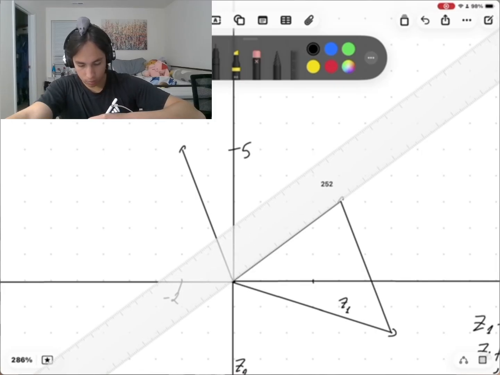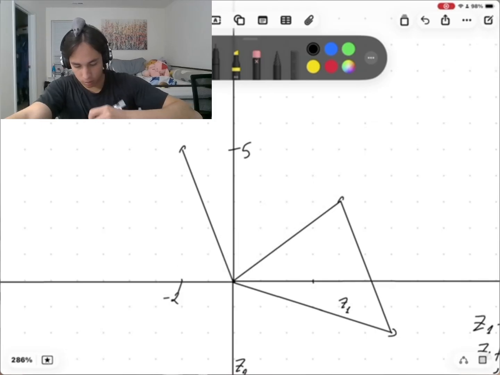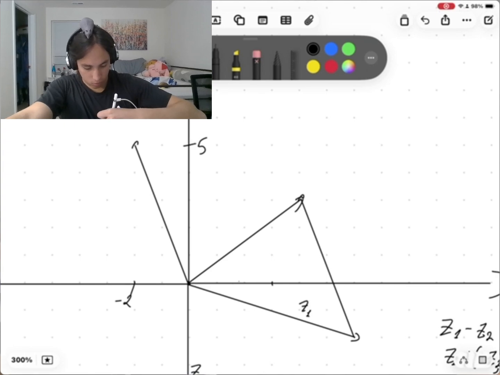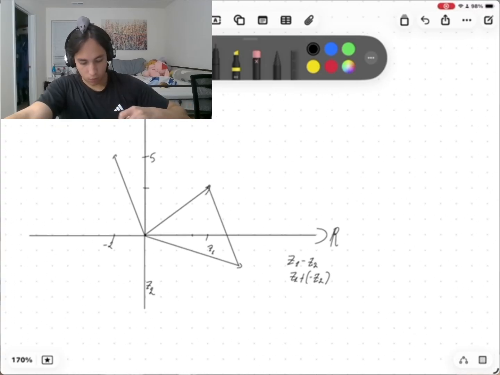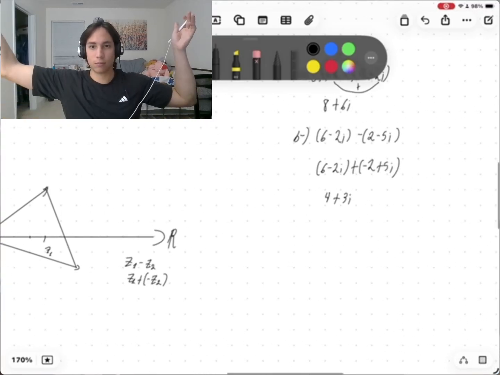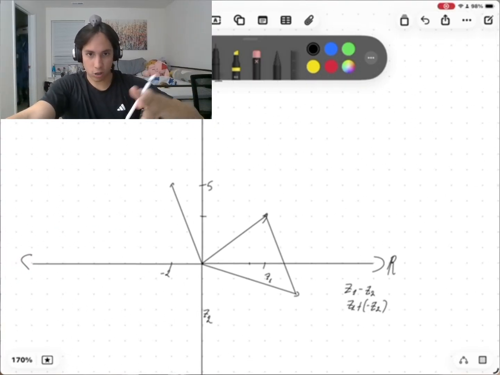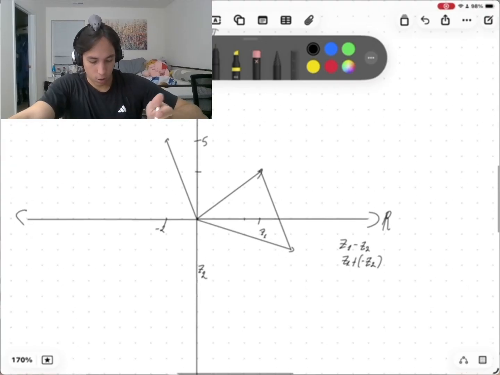I'm basically doing it without doing the calculations. So our resulting vector is 4 plus 3i. There you go. That's how you do subtraction. That's how you negate a vector or complex number graphically.